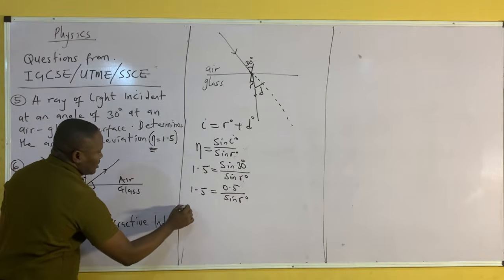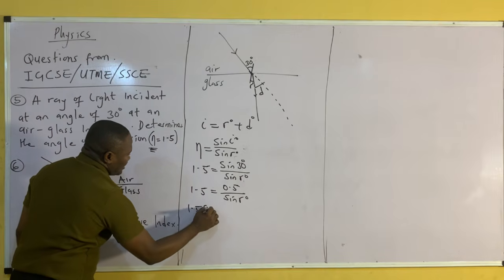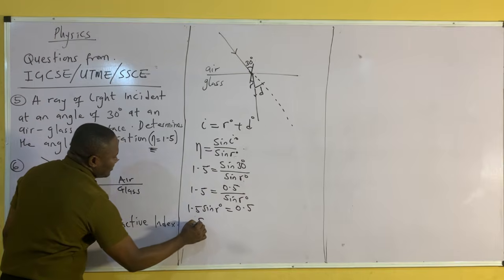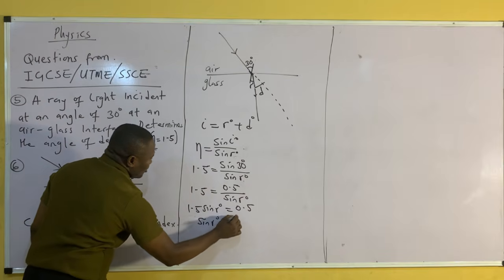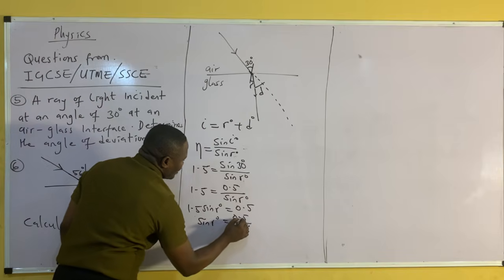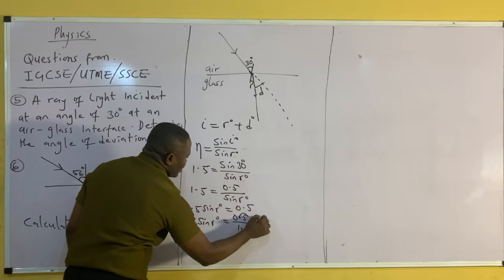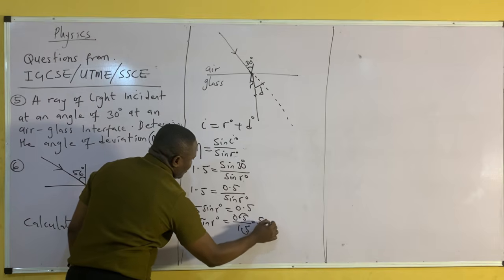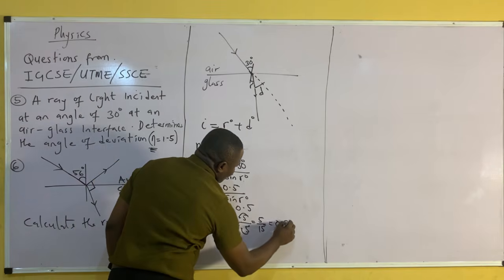If you cross multiply this, you have 1.5 sine r equals 0.5. So I have sine r equals 0.5 over 1.5. So this is now 5 over 15, which will now be 0.33.